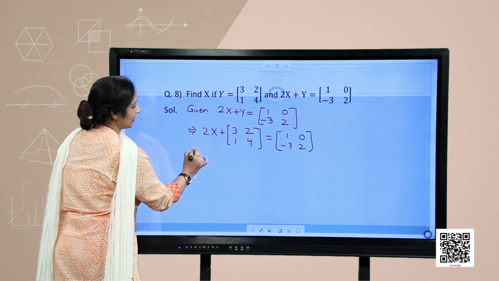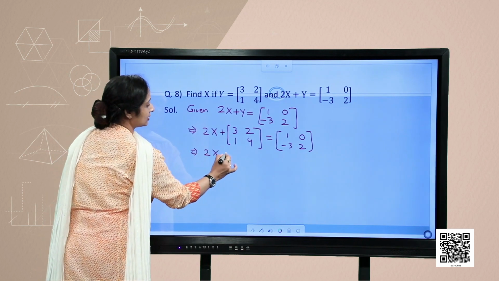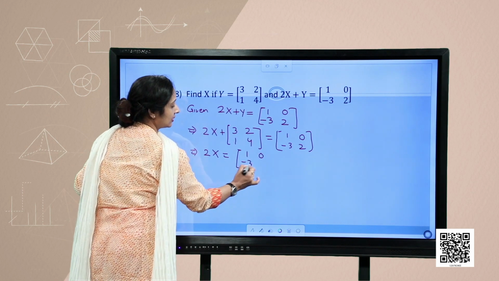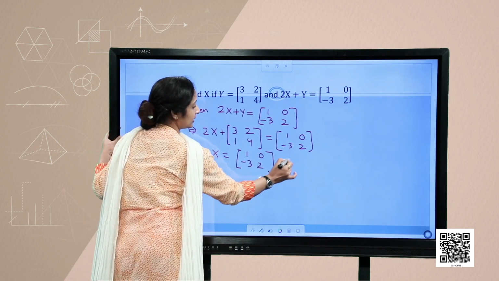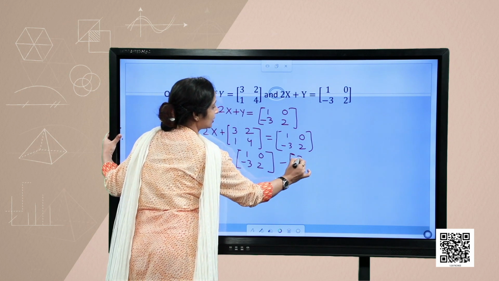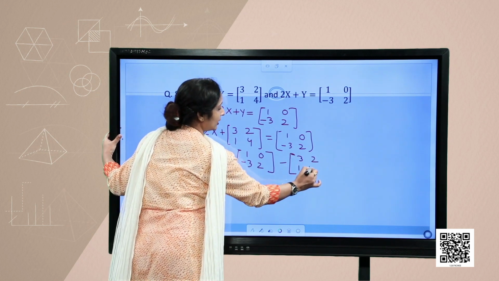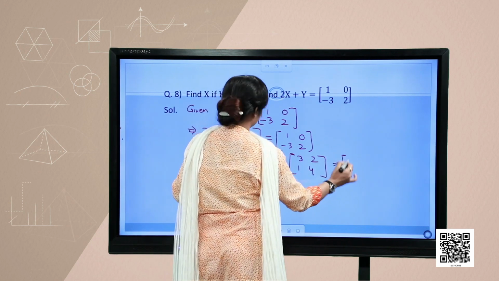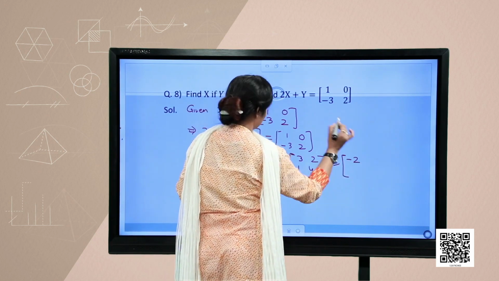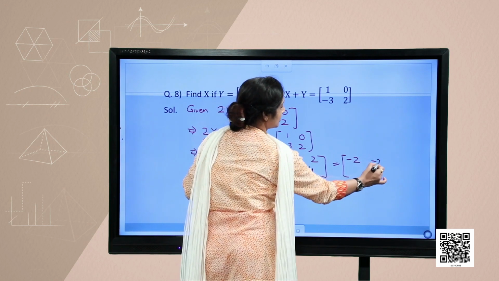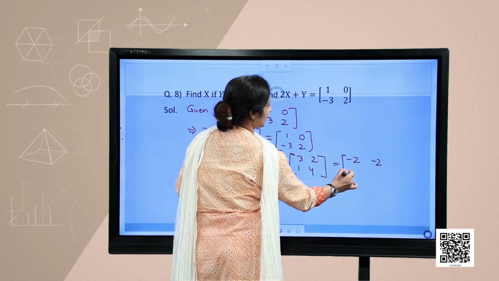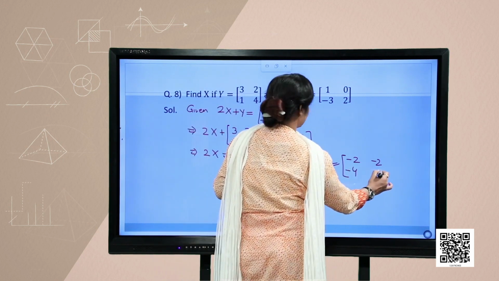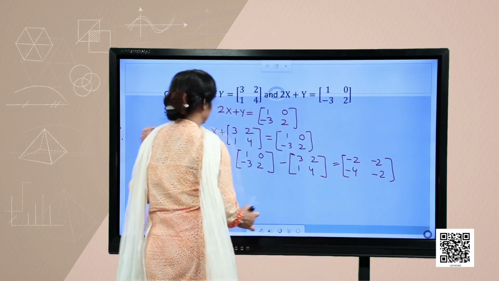To get the value of X, you have to shift this matrix to the other side of the equation. So, it will be written as minus of 3, 2, 1 and 4. You can carry out this subtraction also here. 1 minus 3 minus 2, 0 minus 2 minus 2 again, minus 3 minus 1, then 2 minus 4, that is minus 2.